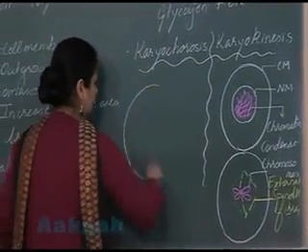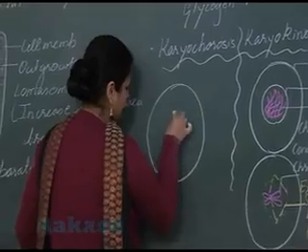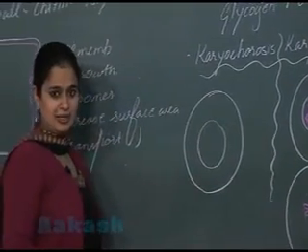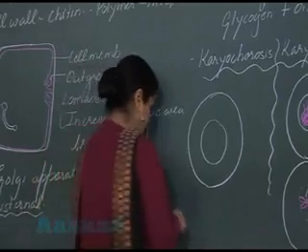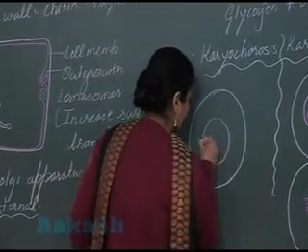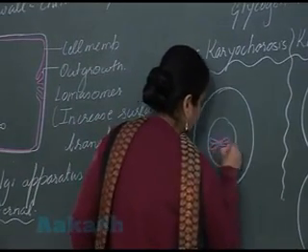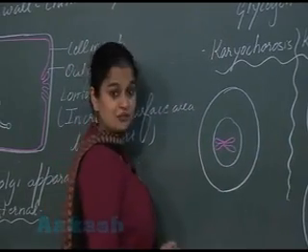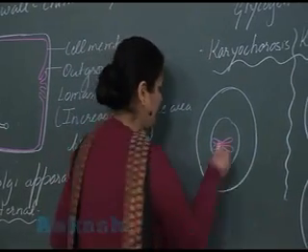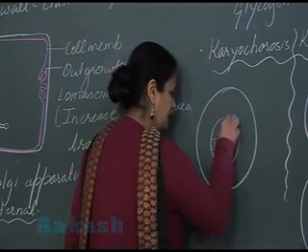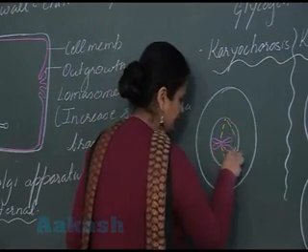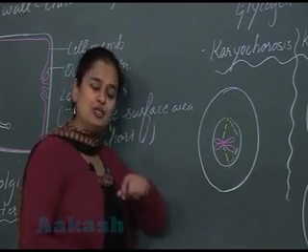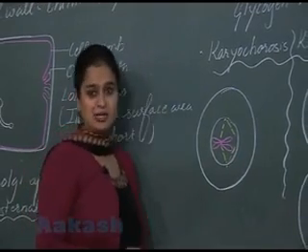Now what will happen in karyokarosis? In karyokarosis, nuclear membrane will be retained. Nuclear membrane retain रहेगी. Inside the nucleus, now the chromatin will form chromosome after condensation, and again formation of spindle. तो अब जो स्पिंडल बन रहा है वो न्यूक्लियस के अंदर बन रहा है.